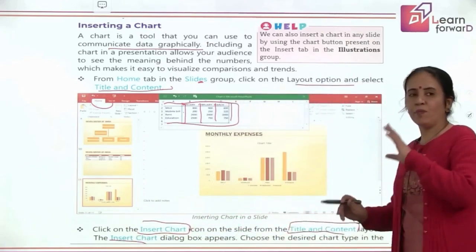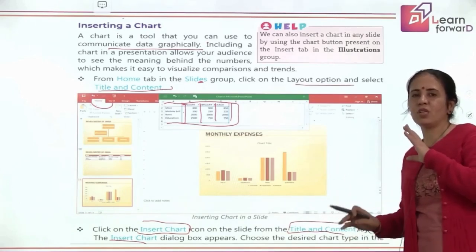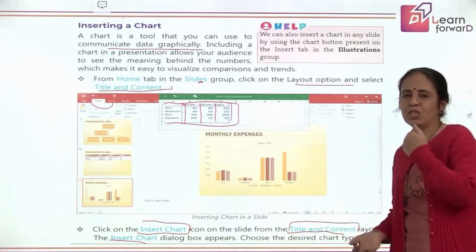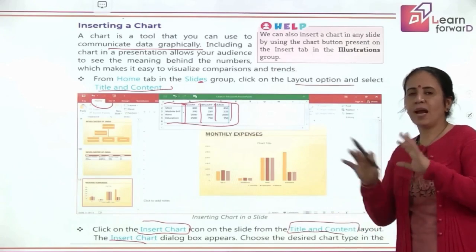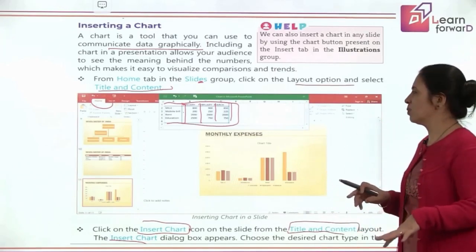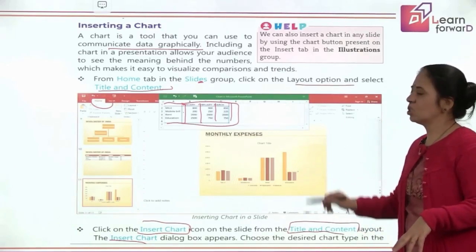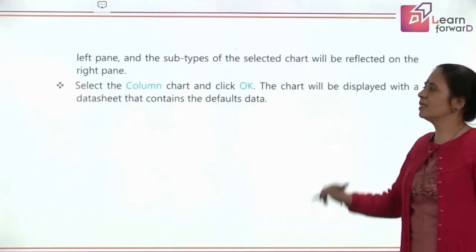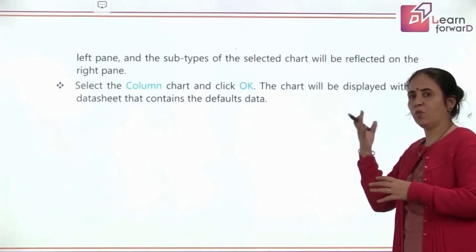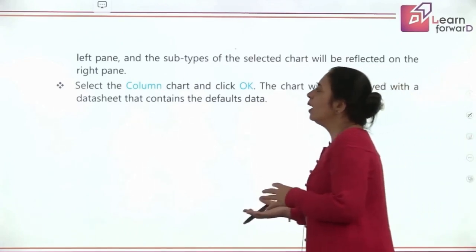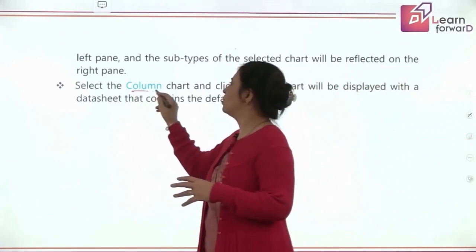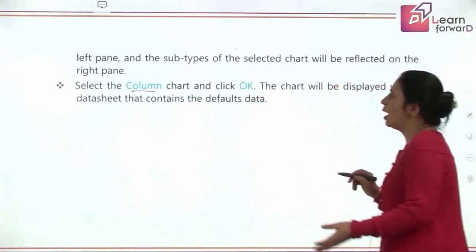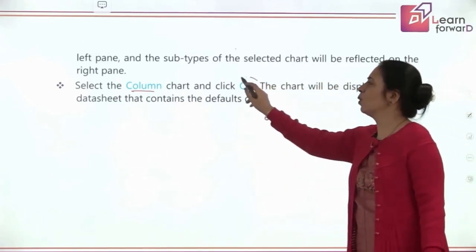You'll find different types of charts: bar graph, pie chart, scatter chart, line chart, so many charts will appear. Just choose the chart of your choice and the data will be presented the way you have chosen. Okay, so just select the column chart here. I have taken a column chart and I have clicked on OK.